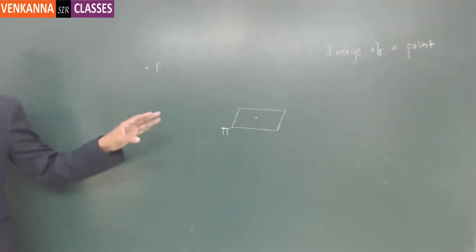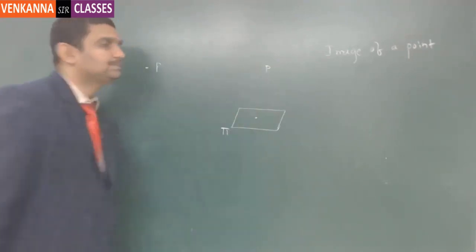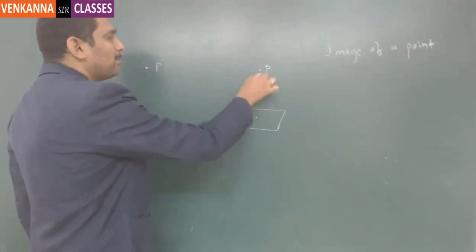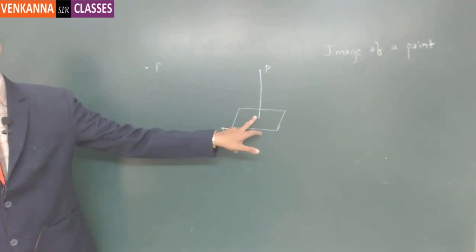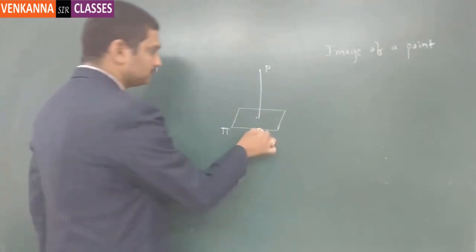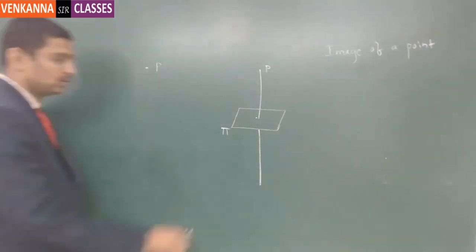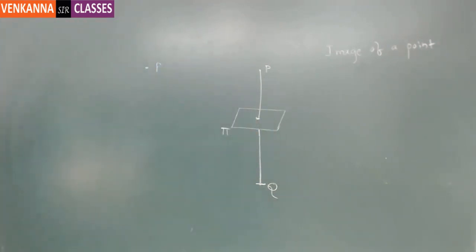If the point you have taken is outside of the plane, say P is outside, that means P does not satisfy the plane equation. So if you draw a perpendicular line, this is the foot of the perpendicular, and you extend this to a point Q. So P is an external point to the plane.